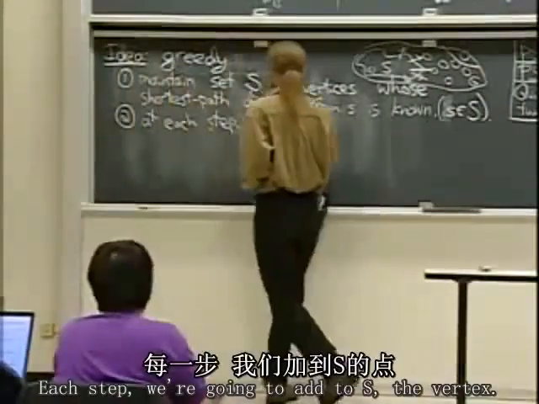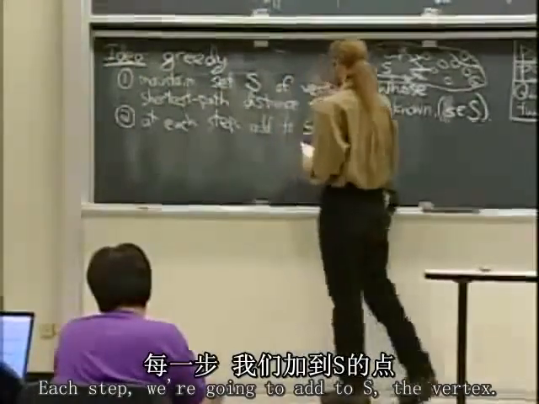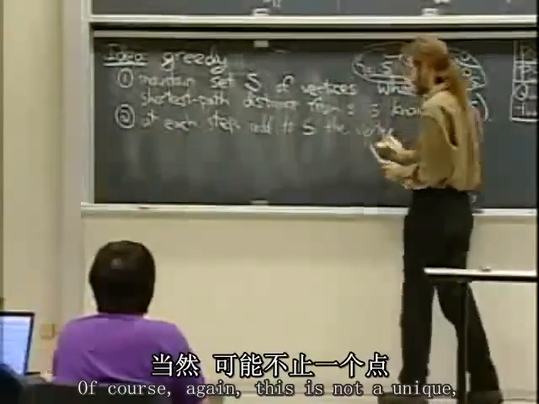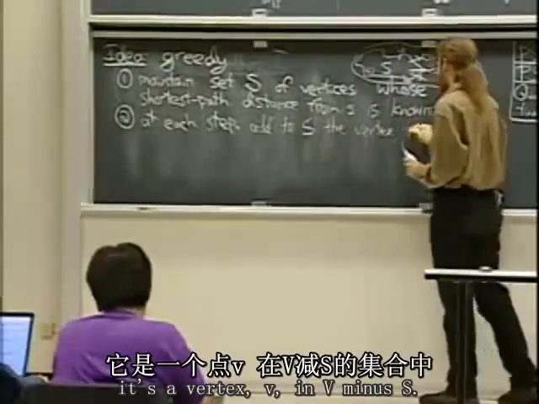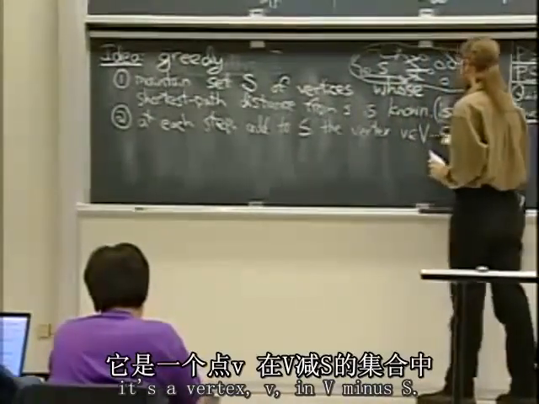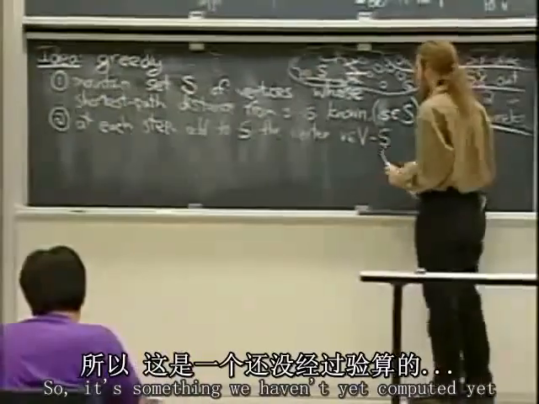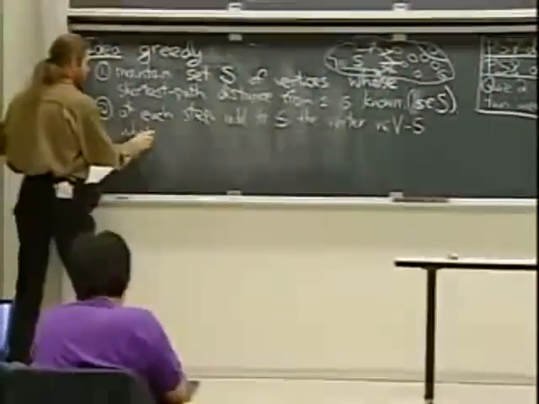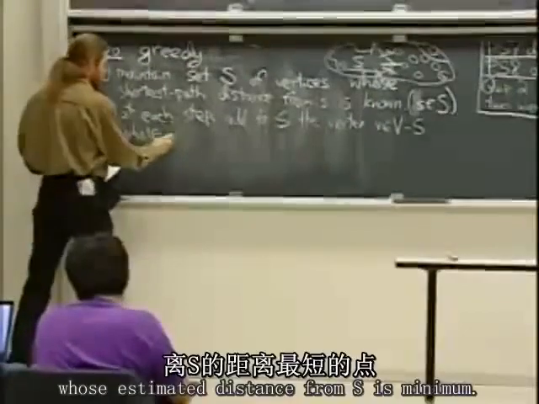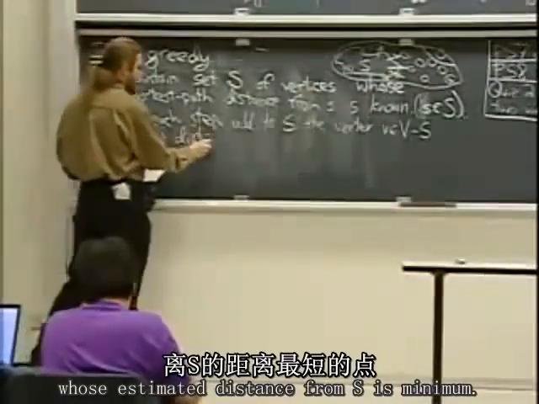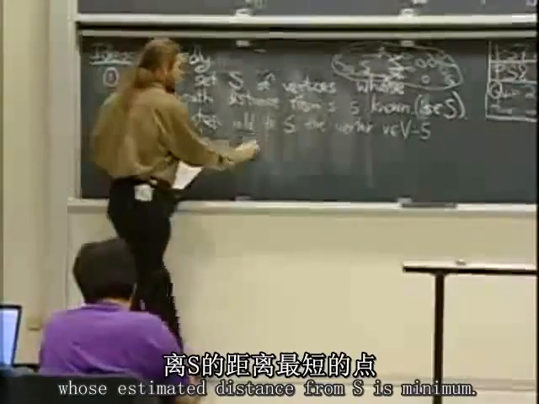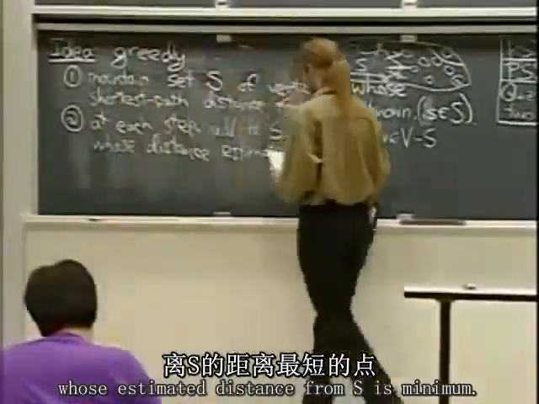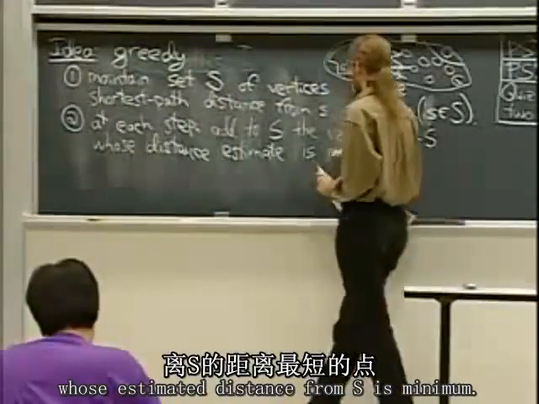For each step, we're going to add to S the vertex, of course, again, this is not unique, a vertex v in V minus S, something we haven't yet computed, whose estimated distance from S is minimum.